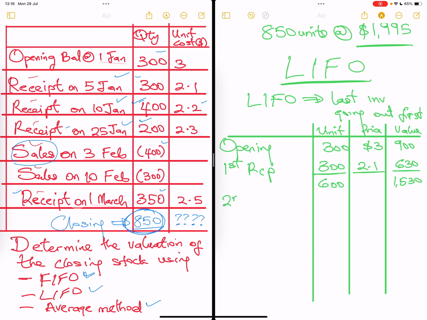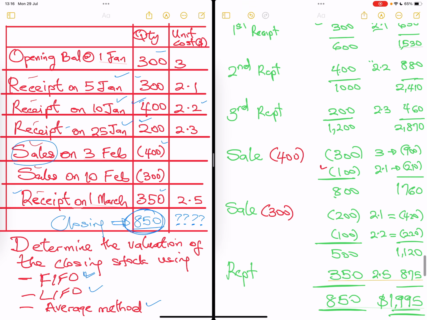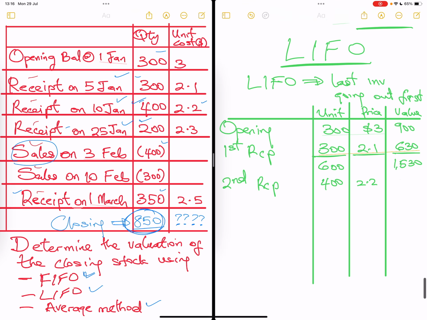We had a second receipt, 400 units. That was at 2.2, bought at 880, to give us 2410. Then we had a third receipt.